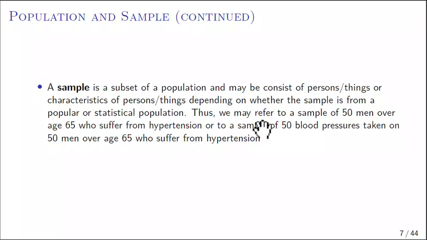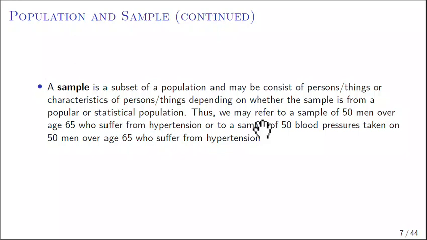Okay, so here the example says we may refer to a sample of 50 men over age 65 who suffered from hypertension, or to a sample of 50 blood pressures taken on 50 men over age 65 who suffered from hypertension. So the population could be, say, any man age 65 or above, right?